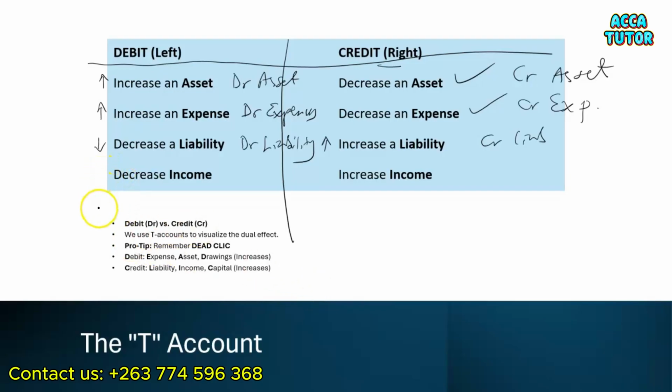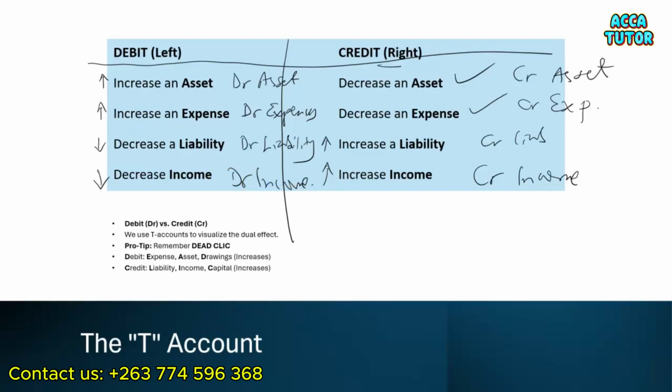Income, like I said, by default, are credit balances. So when income is increasing, we are crediting income. When I talk of income, I talk of sales, revenue, profit, all those things. But when they are decreasing, we are debiting income.